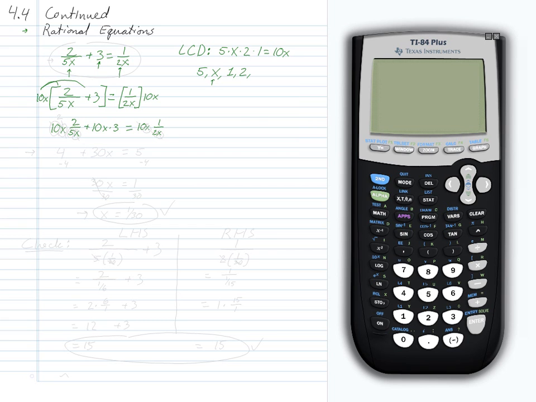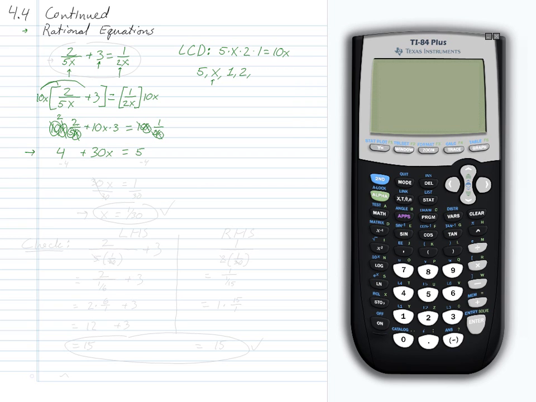Now at this point we definitely want to simplify. If we did this right, we shouldn't have any fractions. So I'm noticing x and x will cancel in this first term, as will the 10 and the 5, leaving me with a 2. So we have 2 times 2, 4 from that first term, 30x from the second term, and similarly the 10 and the 2 will cancel, leaving me with 5, and the x will cancel.